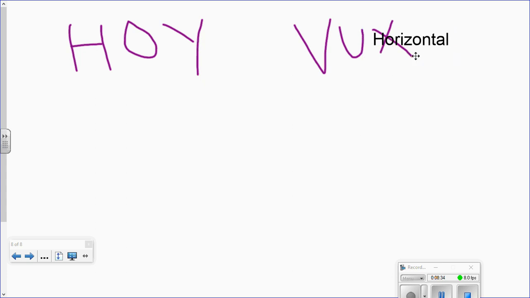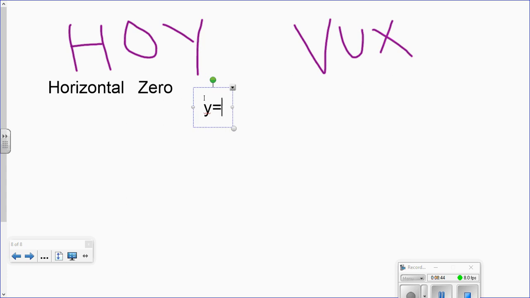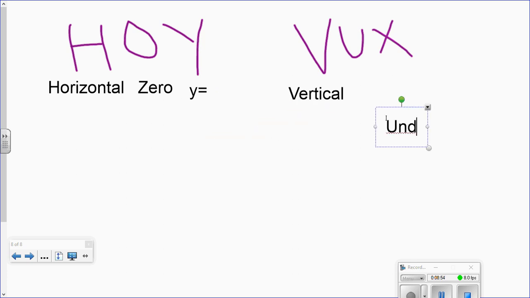So if you have a horizontal line that has a 0 slope, and it's a y equals equation. Okay? And then VUX means there's a vertical line that has an undefined slope, and the equation is x equals.